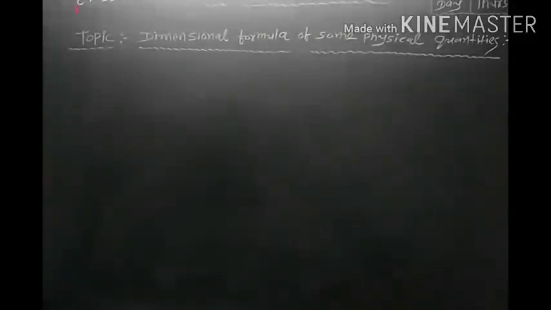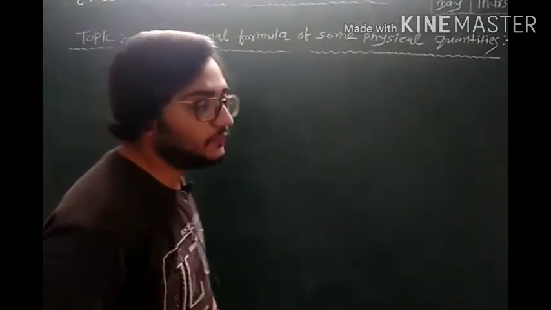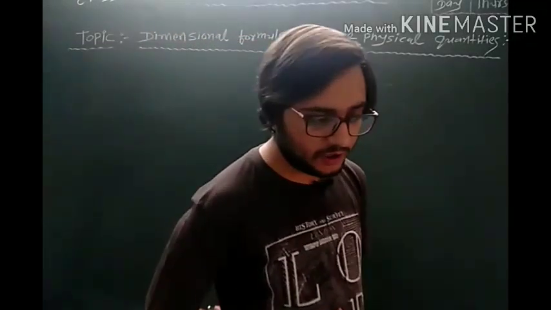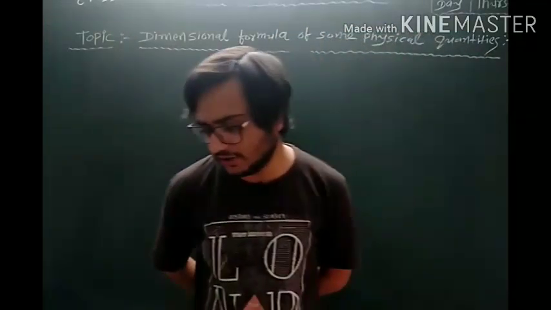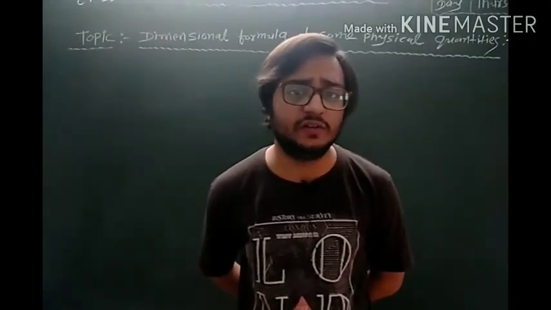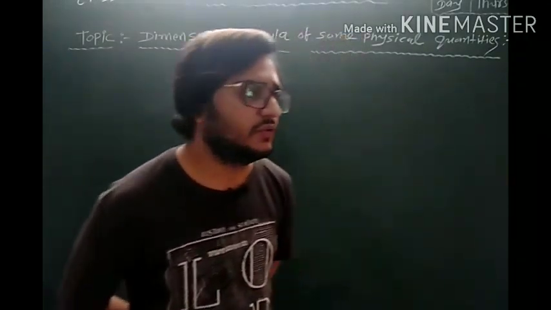So students, our next topic is the dimensional formula of some physical quantities. We have already seen most of these physical quantities, but we listed those quantities and some new ones. So shall we start?